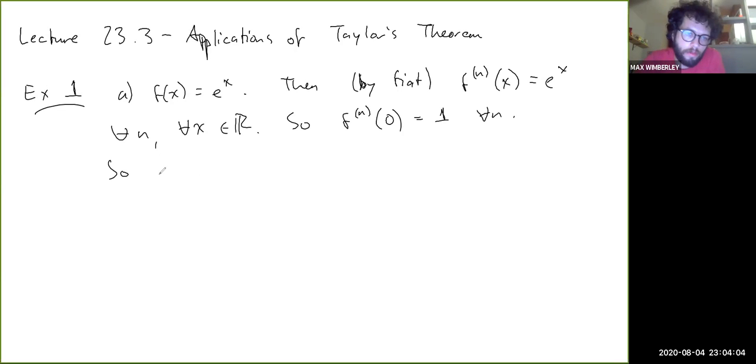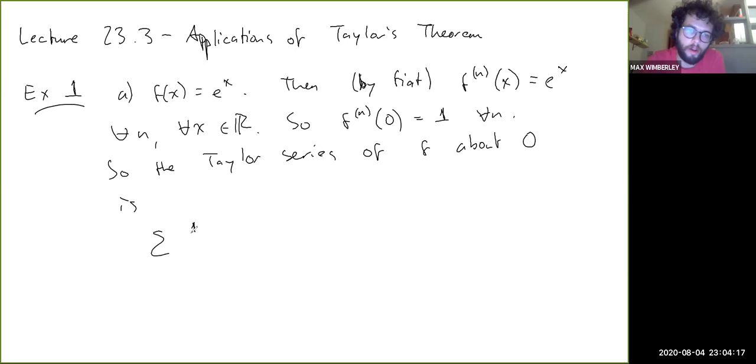So the Taylor series of f about 0 is the sum of 1 over k factorial x to the k, as we've seen before, right?